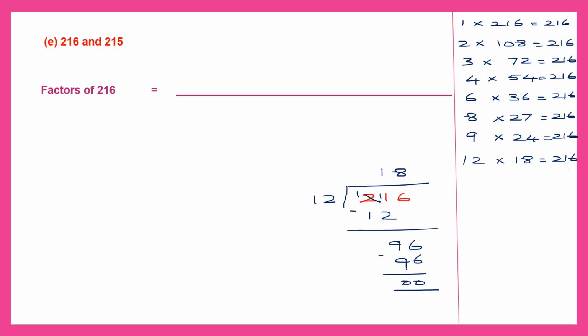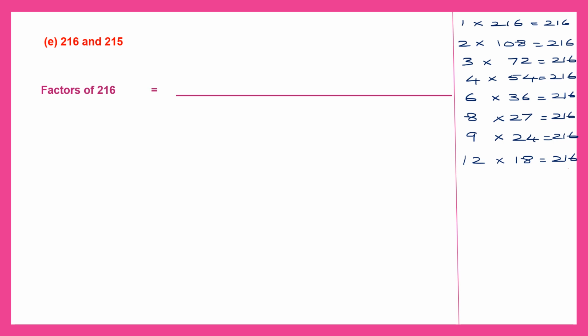Okay, then the next number will be 18. So 18 is already there, isn't it? 18 into 12, it's already there. So that's it. We don't have any more factors of 216. So what are all the factors of 216? 1, 2, 3, 4, 6, 8, 9, 12, 18, 24, 27, 36, 54, 72, 108 and 216. We have many factors there.